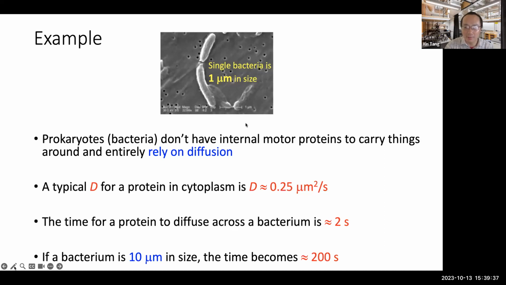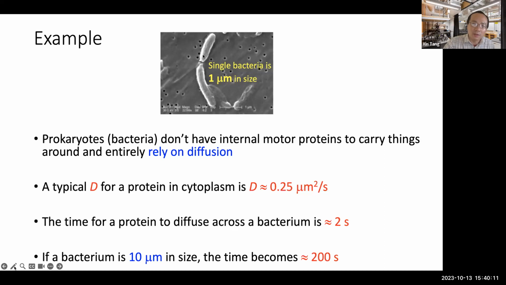Remember the equation we derived: the MSD, the mean of delta S squared, the distance squared, equals 2dt, 4dt, or 6dt. On the left-hand side, distance is squared; on the right-hand side, time is linear. If the distance increases, for example the bacteria expands due to osmotic pressure to 10 micrometers, then the protein is not that easy to travel.